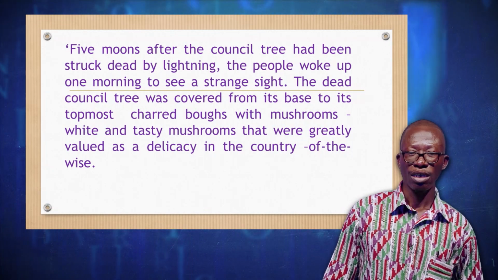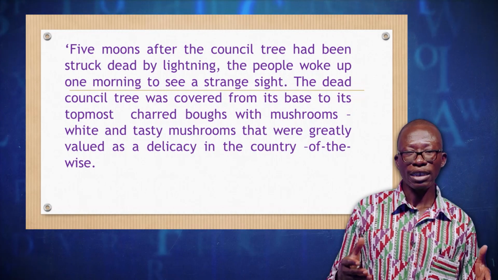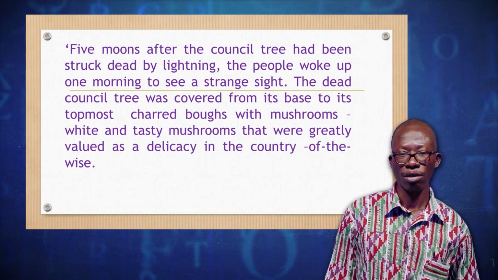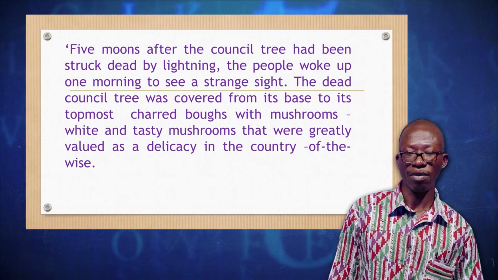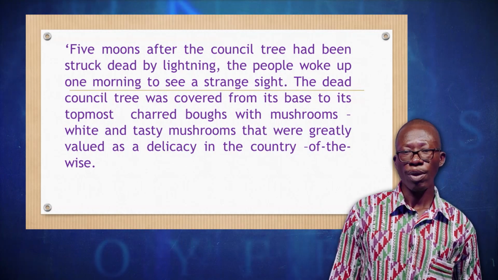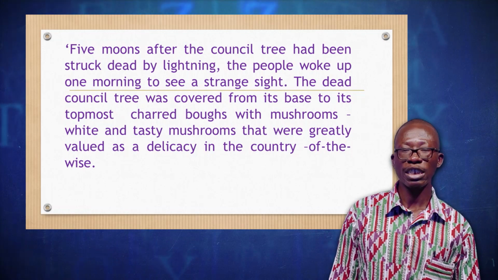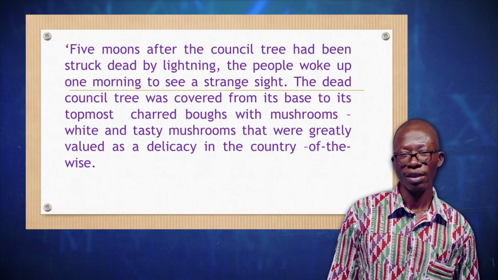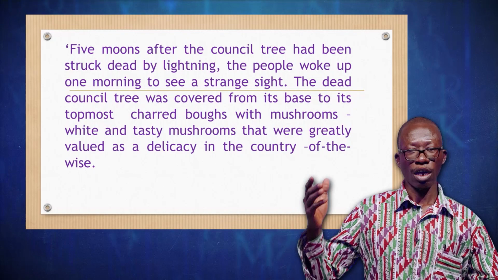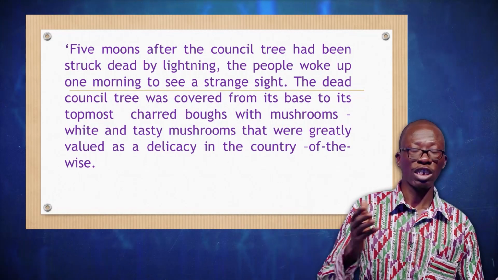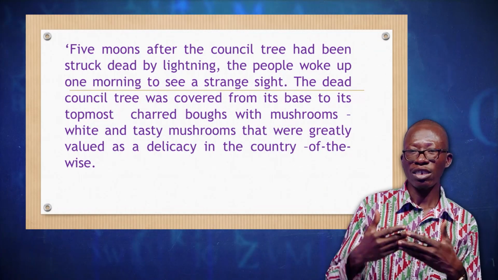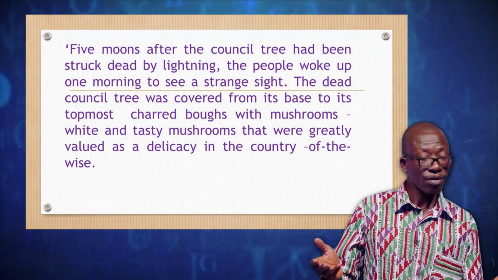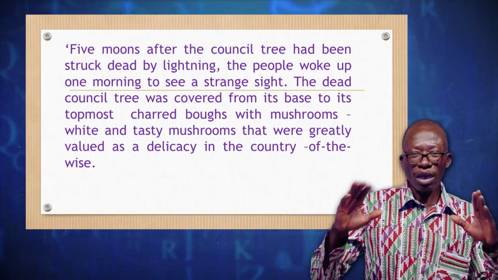Now we have the people as another subject there. Woke, a verb, subject-verb relationship there. So the people woke up one morning to see a strange sight. So these two clauses: the people woke up one morning to see a strange sight, one clause. Then five moons after the council tree had been struck dead by lightning, another clause.